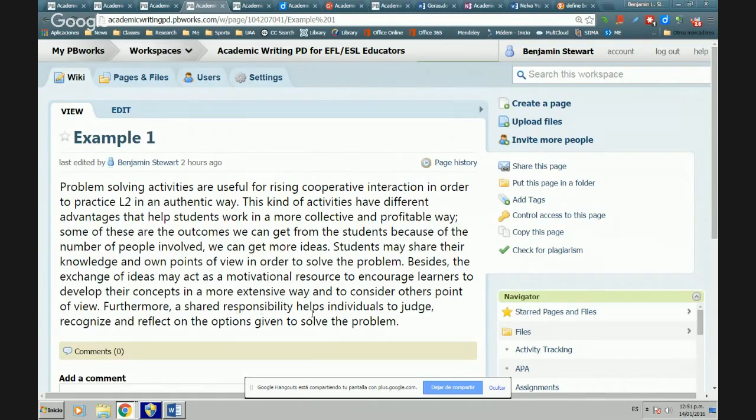a shared responsibility helps individuals to judge, to recognize, and reflect on the options given to solve the problem. And what could we add here? A comment, right? And to judge, no, that's okay. Why is that okay? Because of the end.